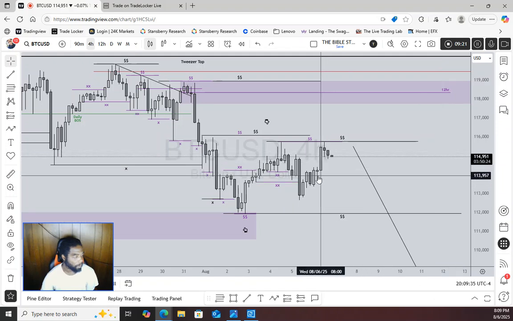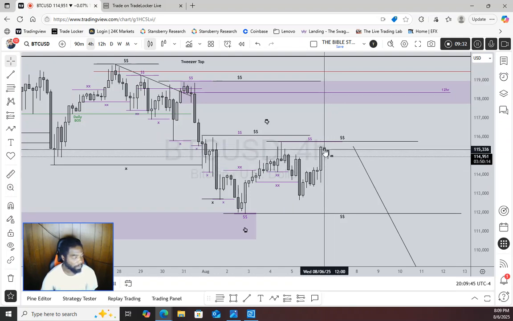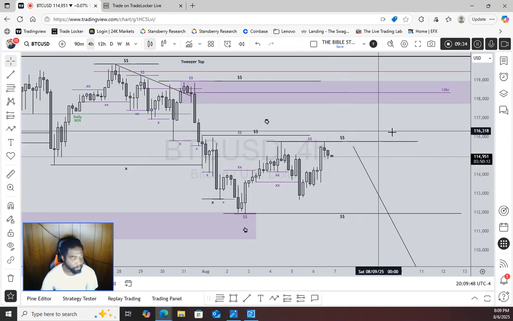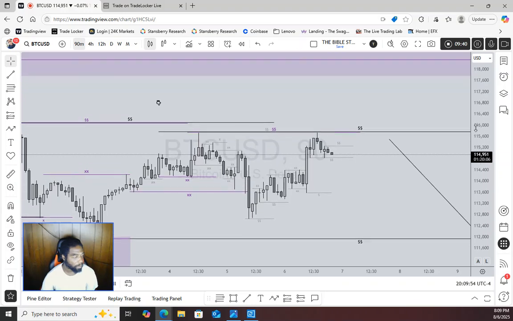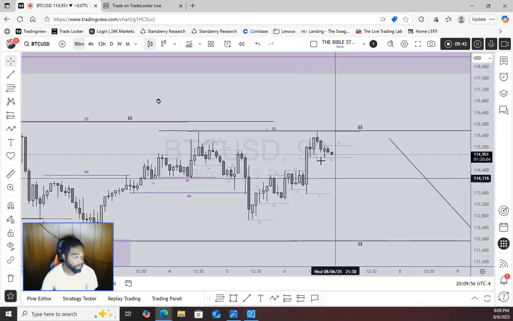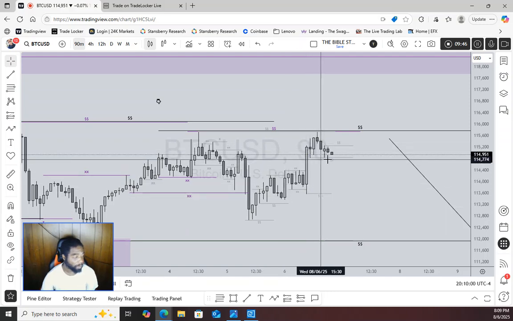And in the 4-hour, we see this nice bullish candle here, and price is trading down inside of it. But we're just seeing the price action. We're just reading price action. You know what I mean? We know what price is doing currently. Boom, price is currently respecting lows and targeting highs.